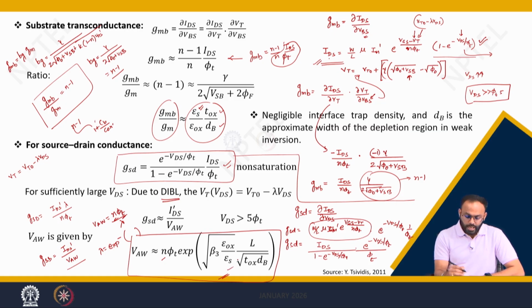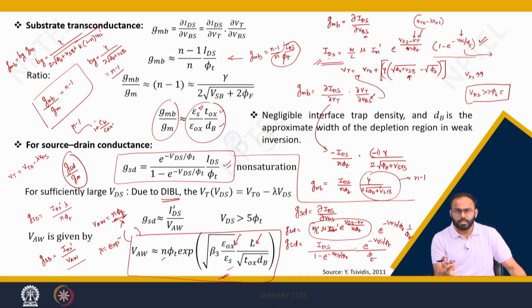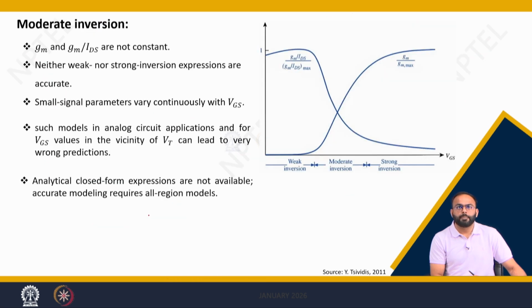Again you see the ratio of GSD by GM depends on the permittivity of the material as well as the channel length, right? So if the channel length is reduced, the DIBL effect will be more, and hence the control of the drain side in the channel will be more. That is what this parameter reflects.